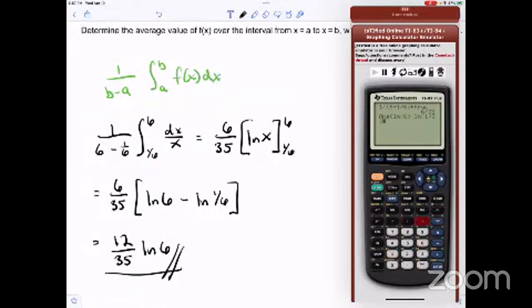So if we did 12/35 times the natural log of 6, we should get the same decimal, right? Okay, so that makes me more confident in the result that we got.